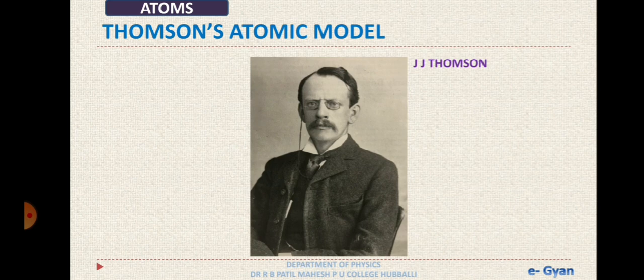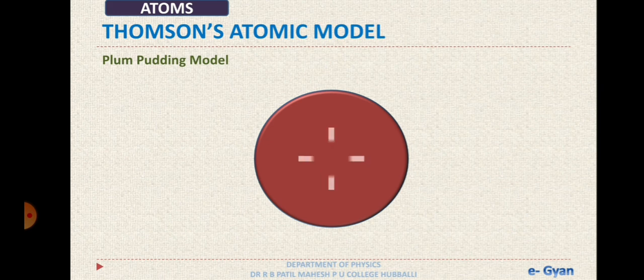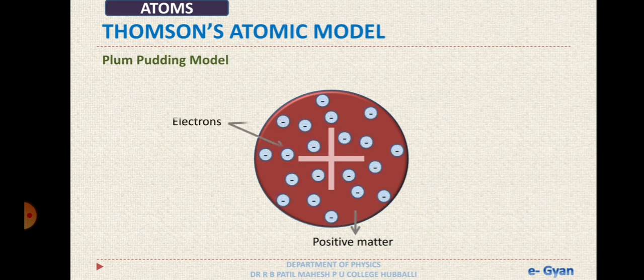According to Thomson's model, it consists of a positive volume which had electrons embedded here and there.